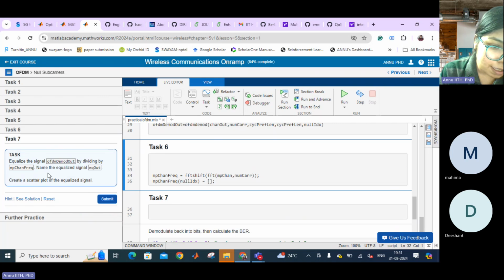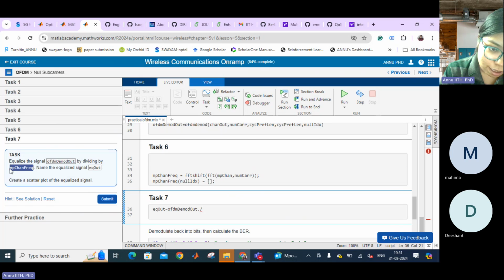So equalize the signal by dividing the received signal by the MP channel frequency, name it equalize out. So let's do that. Equalize out equals OFDM. So remember a few things, right? First of all, we are removing some null subcarriers.